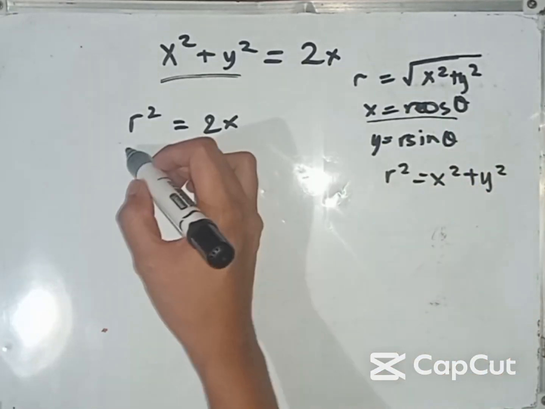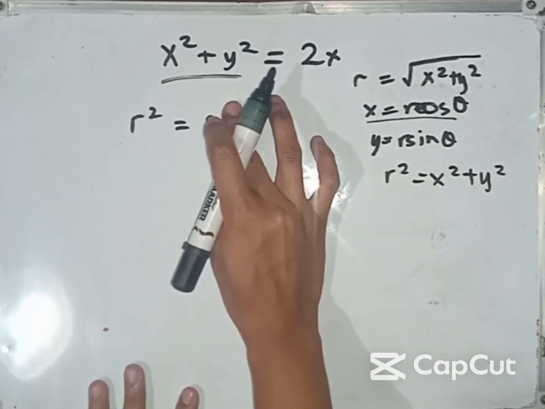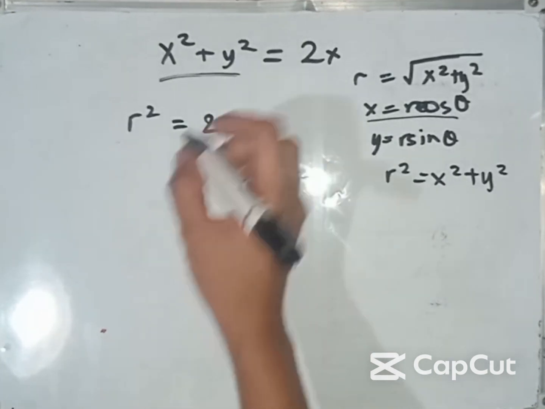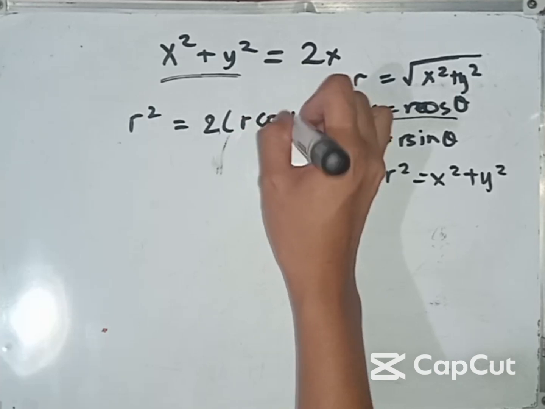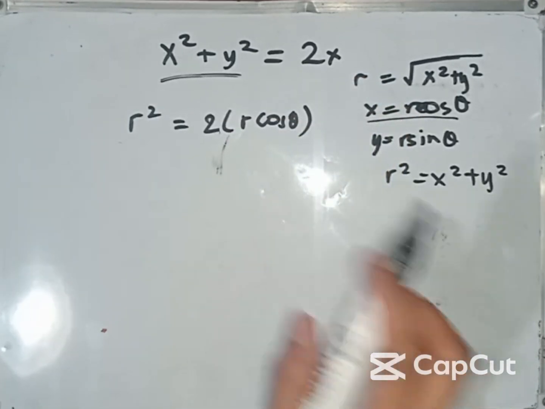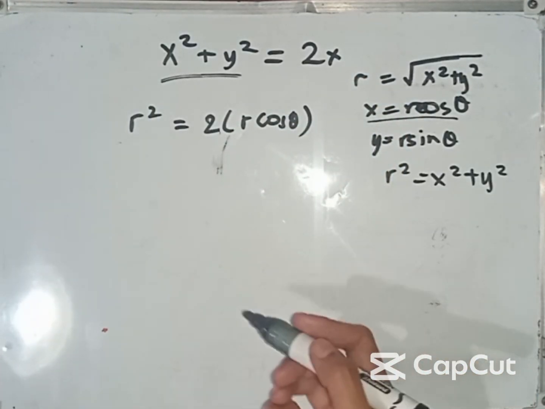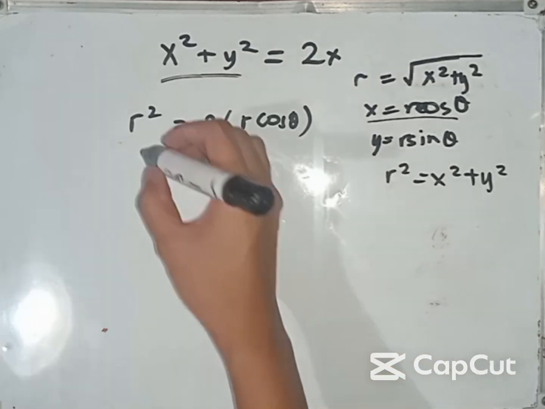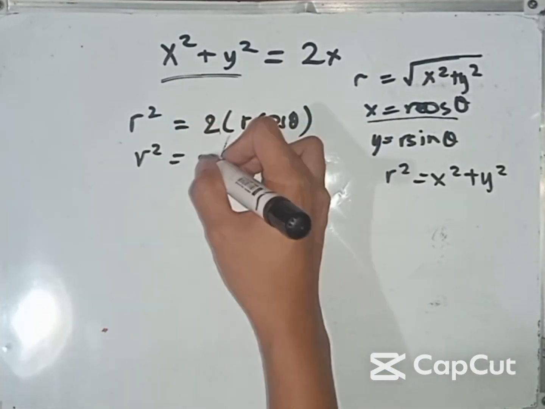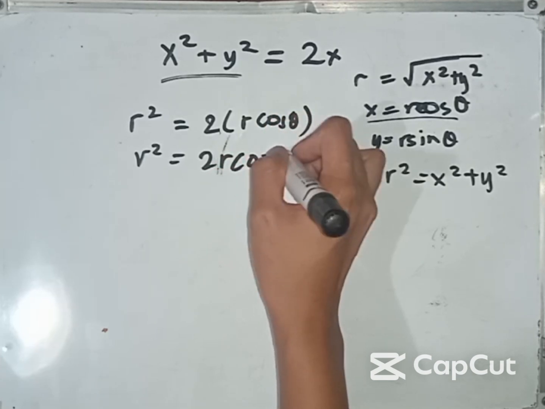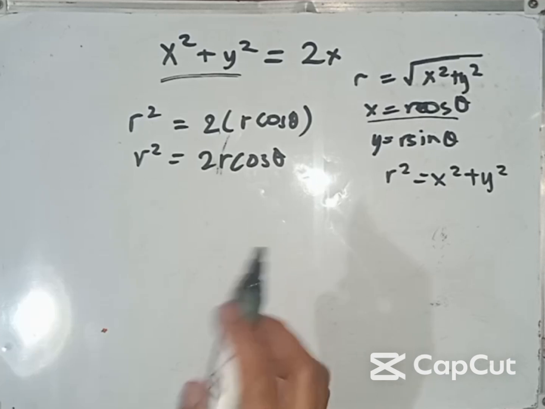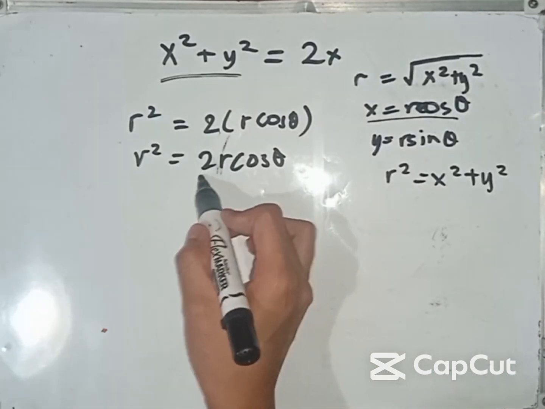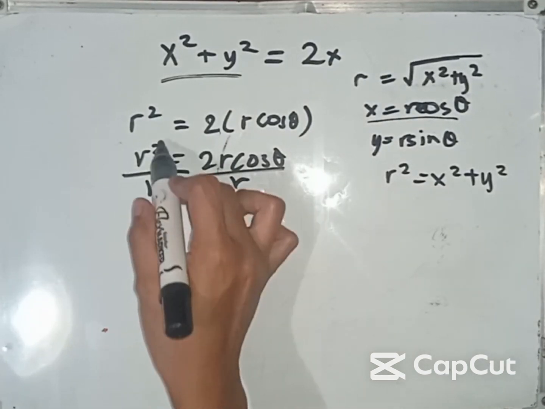And we all know from the fact that x is equal to r cosine theta. Let's replace this as r cosine theta. So let's apply the distributive property to our cosine theta. And to reduce the r squared, let's divide both sides by r.